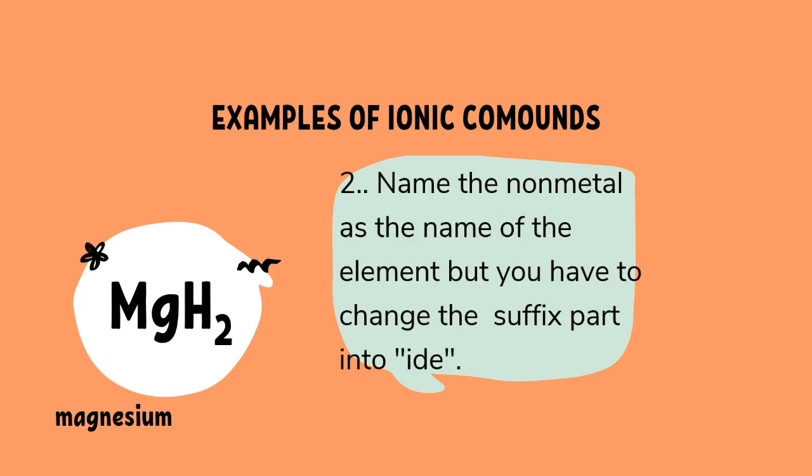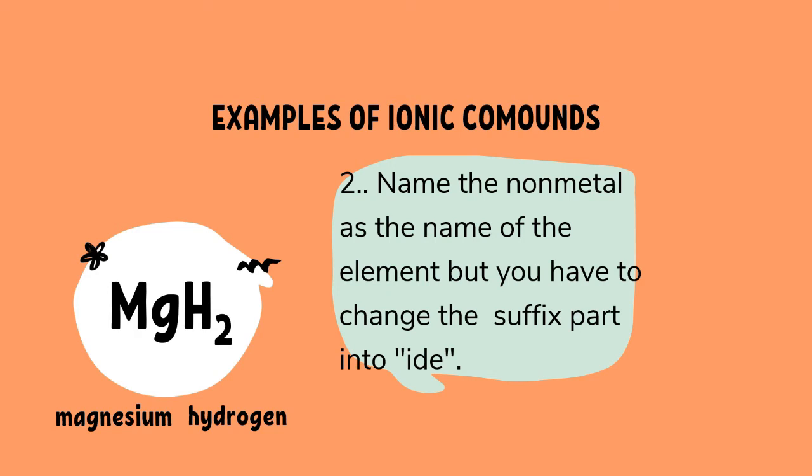But the second rule is you have to name the non-metal as the name of the element, but change the suffix part into IDE. It sounds confusing, but to better understand, again, the non-metal, which is the second element, with the symbol H, is hydrogen. Just copy that name from the periodic table, hydrogen, but always remember that you have to change the suffix part into IDE.